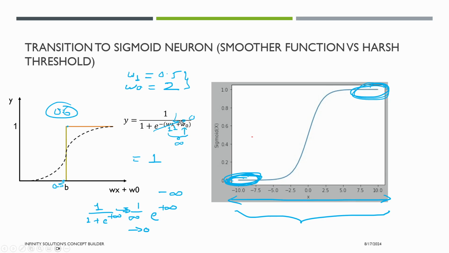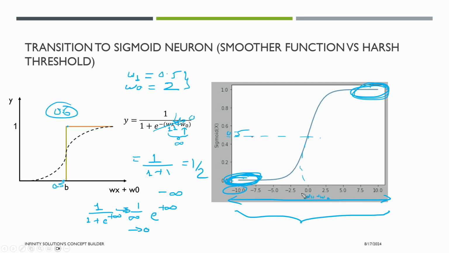And when this is 0, we know that e power minus 0, which is e power 0, is 1. So it will be 1 upon 1 plus 1, which is half, right? So we are getting exactly 0.5 when our value is 0. So whenever this entire value is 0, don't get confused with this sigmoid of x and x. You can consider it as wx plus w0, for some fixed values.